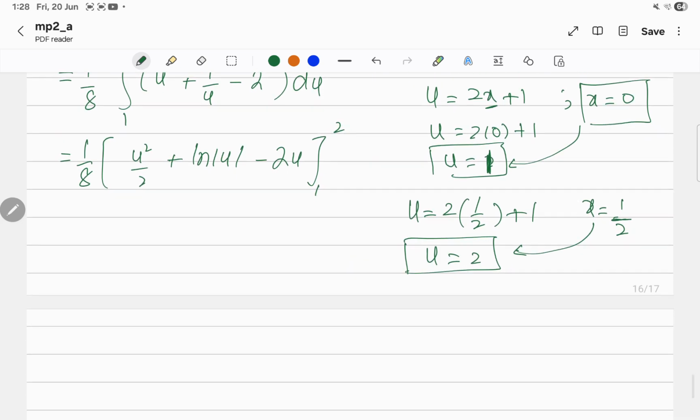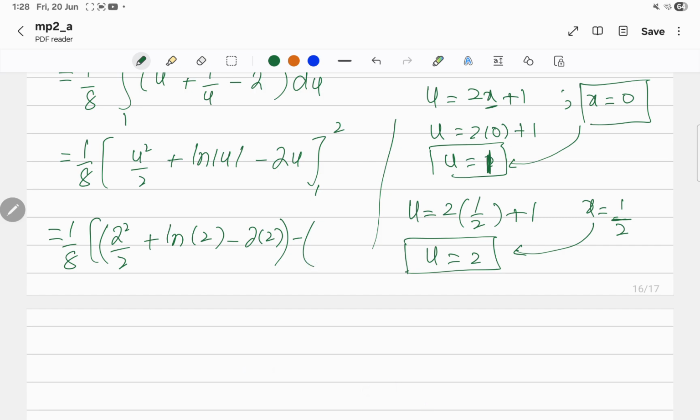Now we need to sub the limits in. Keep 1 over 8 outside, so the upper limit will be 2 square over 2 plus ln of 2 minus 2 times 2. This is our upper limit, minus the lower limit.